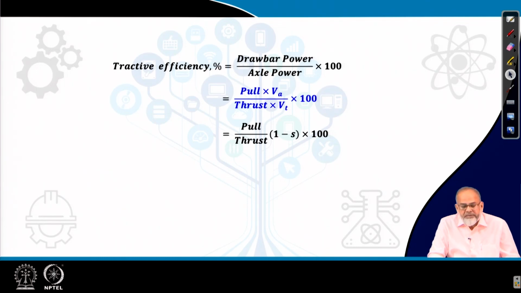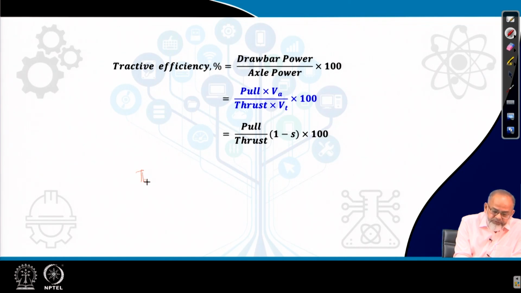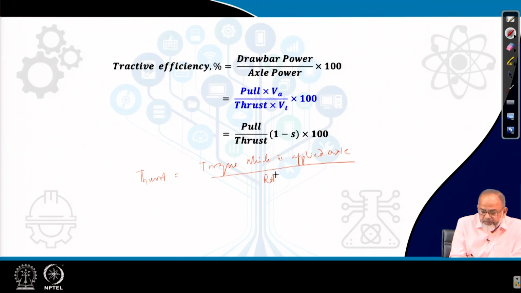That thrust force is nothing but torque, which is applied to the axle, divided by the rolling radius of the wheel.